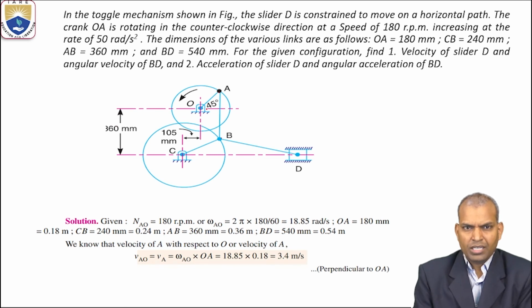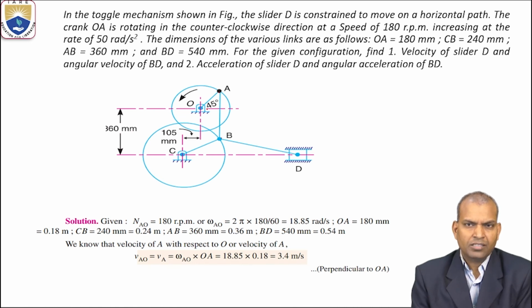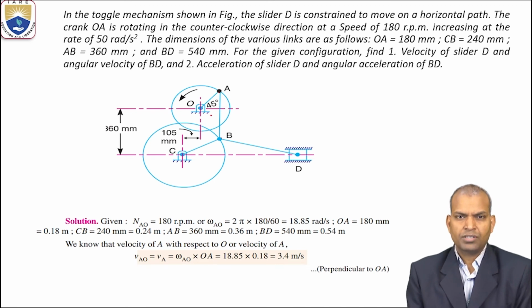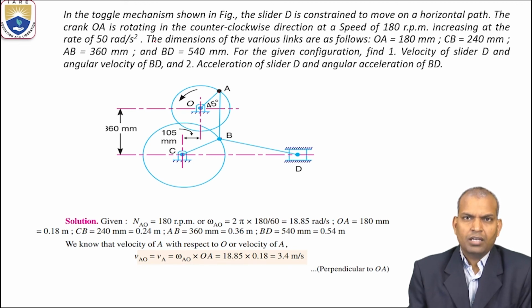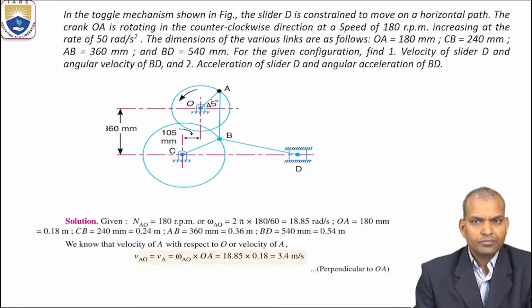That means it is a constant angular velocity, so there is no tangential component of acceleration. For this link OA, there is only the radial component of acceleration, no tangential component. Increasing at the rate of 50 radians per second square. Now the angular acceleration is also given, alpha of OA, 50 radians per second square.